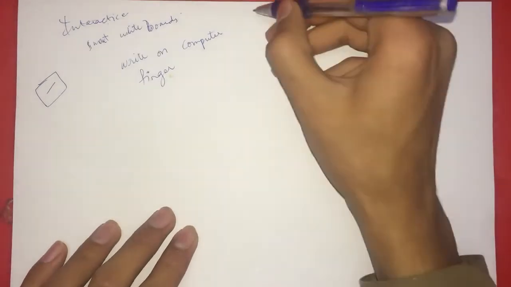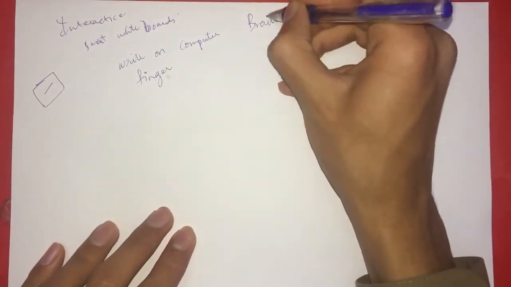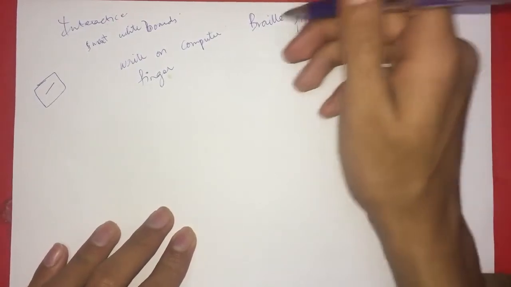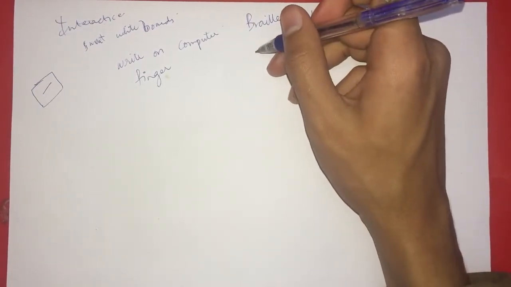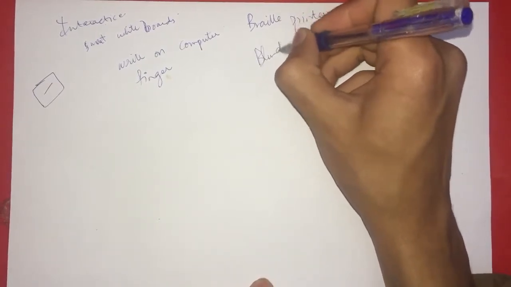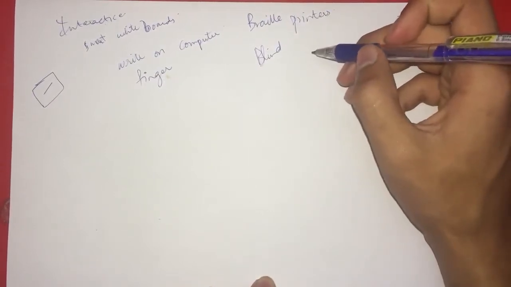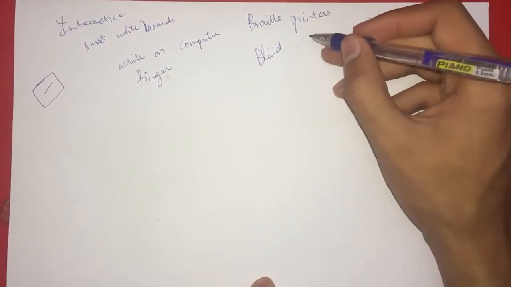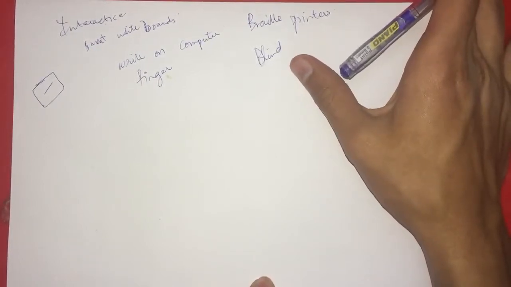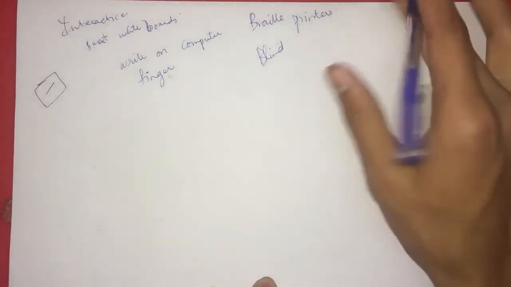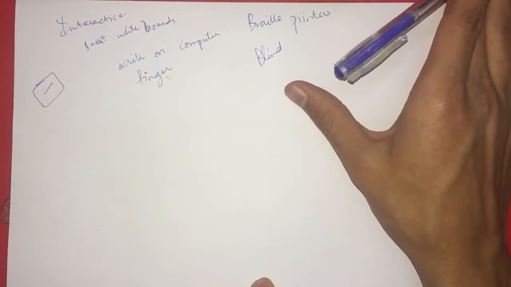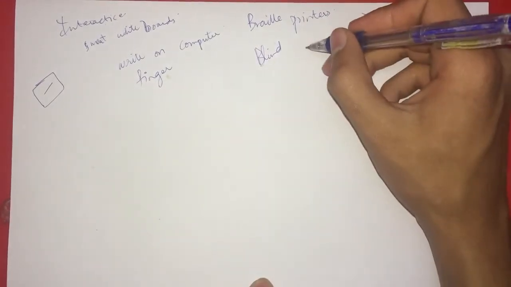Then you have Braille printers. So what are these printers? Braille printers are used to print on any sheet of paper, and these printers are used by people who are blind, who cannot see. This printer creates certain patterns, curves or indentations, and whenever you slide your finger on top of it, you will feel the curves and indentations. Based on the curves, you will recognize every character.